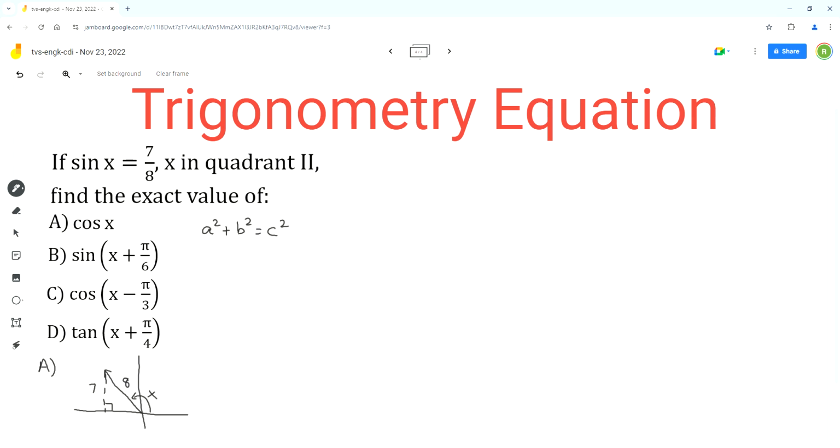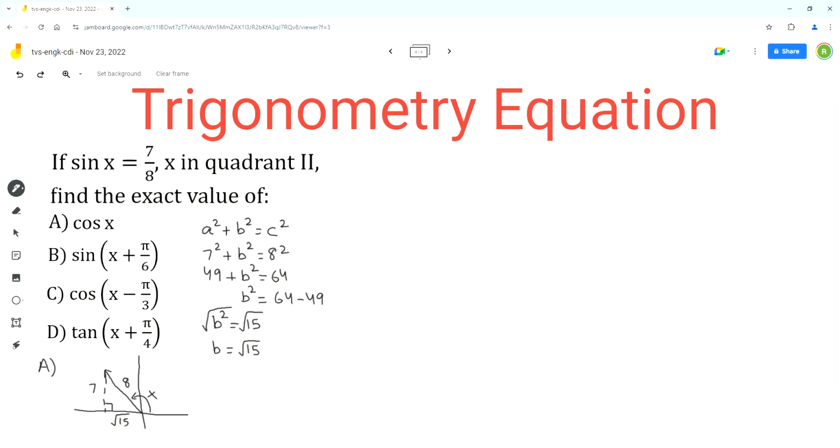A can be equal to 7 and we can solve for B. So the length of the horizontal side is square root of 15.